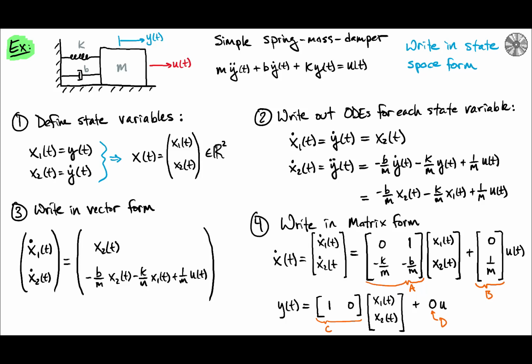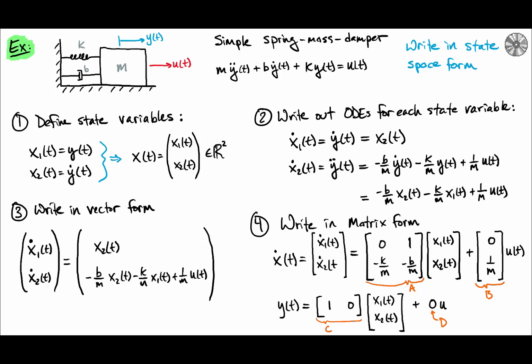And so the way that we can write that first equation, essentially in this case the first equation is just x1 dot is equal to x2, is to write in the first row of A, we make the first element 0 and the second element 1. And so that means when we do the matrix multiplication, the first row of the matrix multiplication will just be x2.